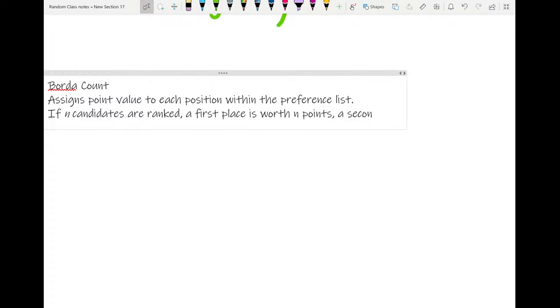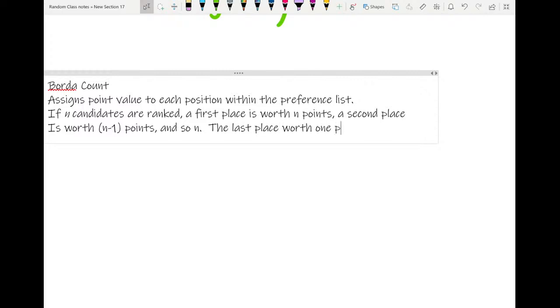A second place is worth n minus 1 points. And so on. The last place is worth 1 point. Now, the winner is the one with the most points.